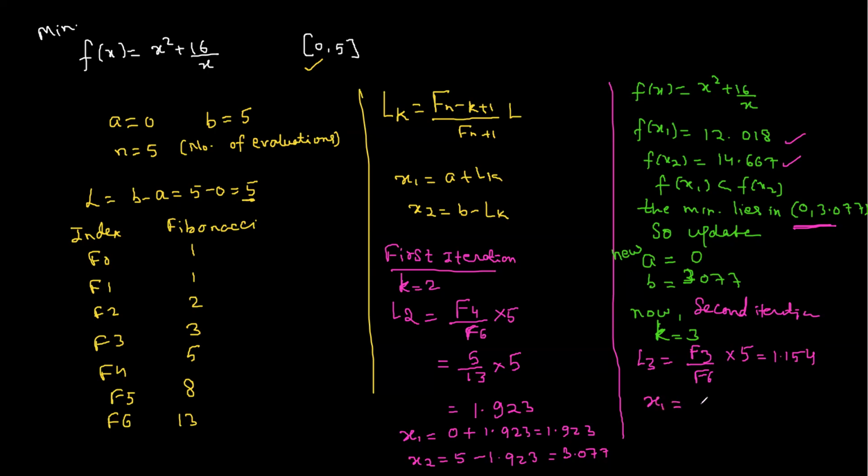X1 becomes, always try to write up to 3 decimal places. X2 will be 1.927.